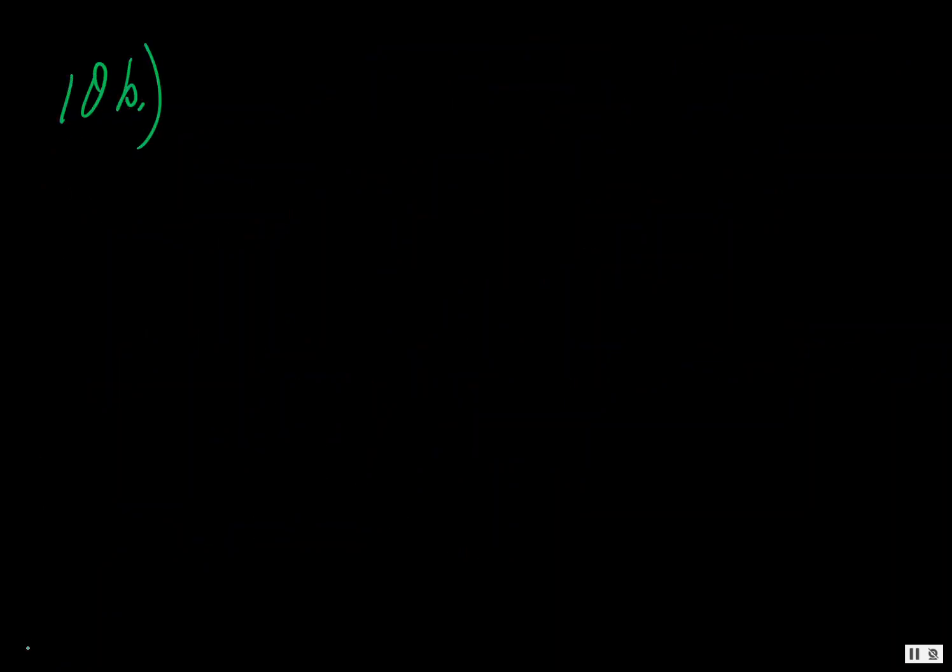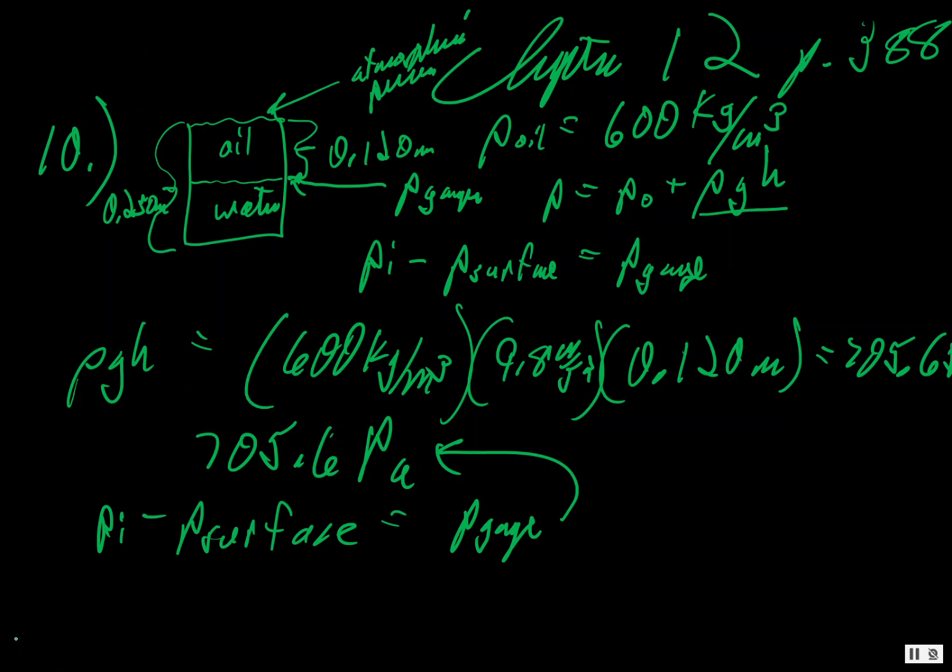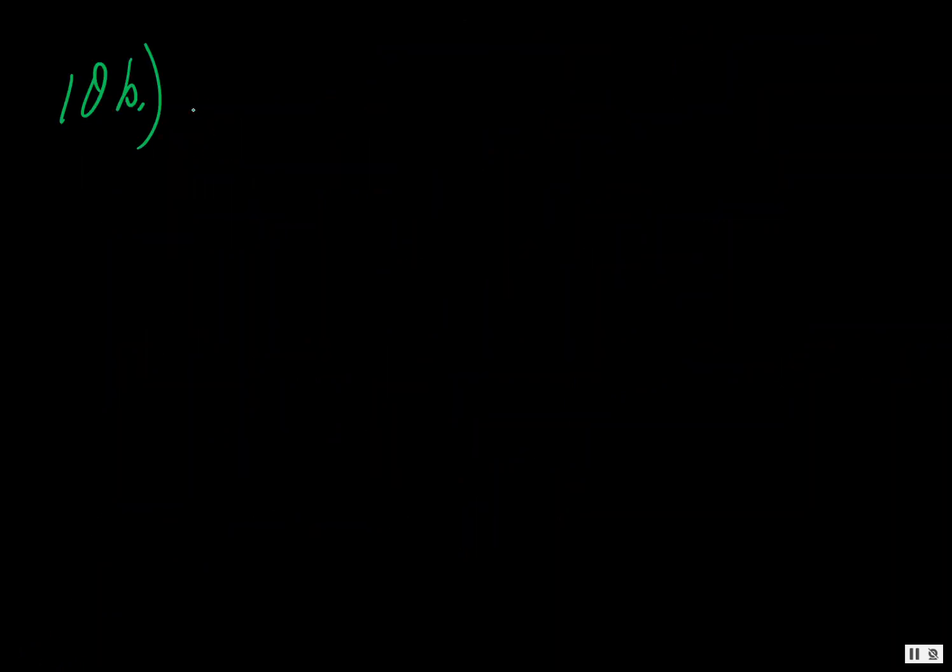That was 10A. Did I write 10A on that? There we go. 10B. Well, what equation do we use? To find the pressure on the surface, which could be the absolute pressure, is equal to the gauge pressure plus what? Atmospheric pressure.